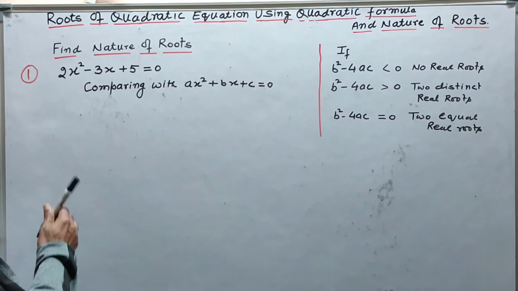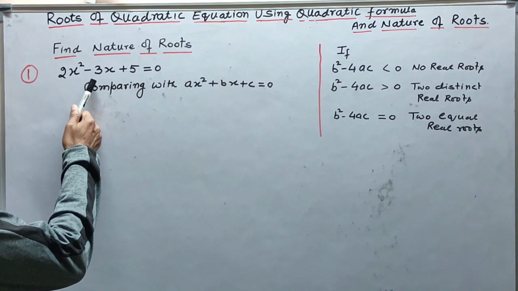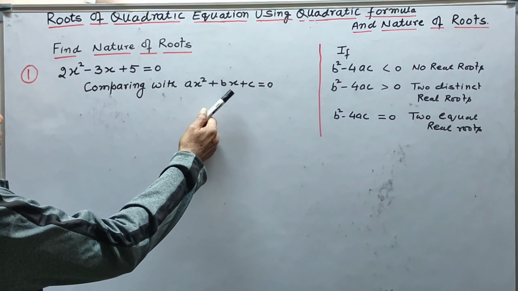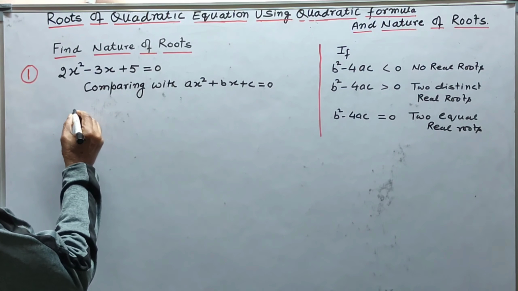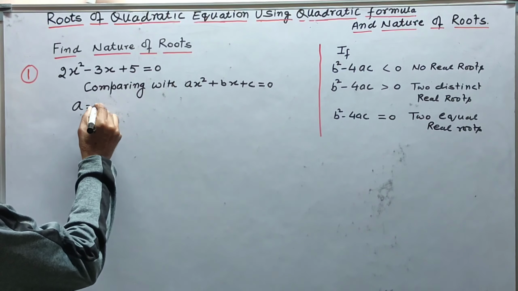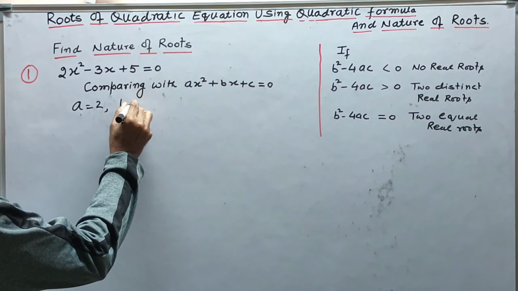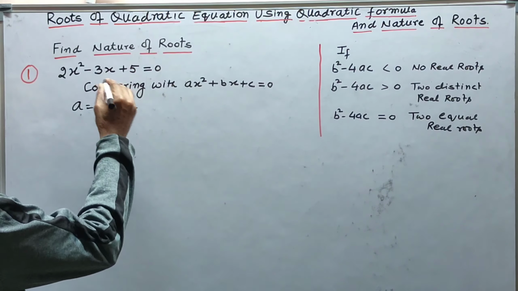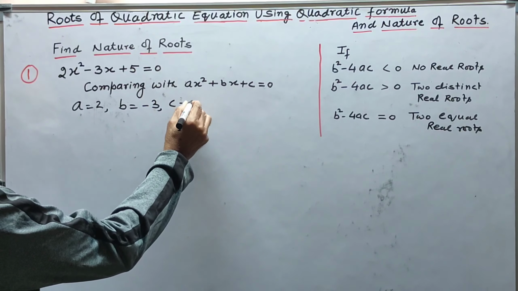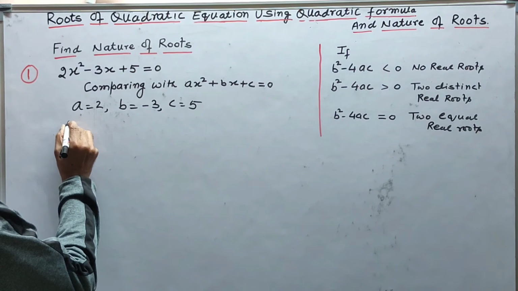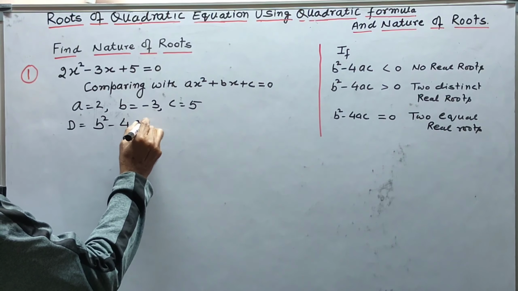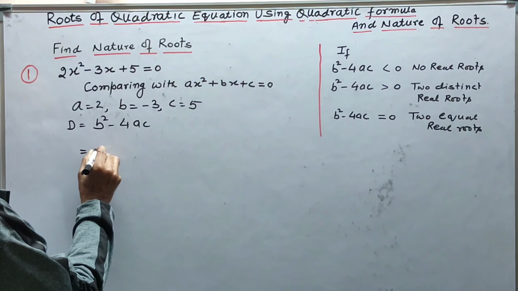this quadratic equation. The given quadratic equation is 2x square minus 3x plus 5 equal to 0, comparing with ax square plus bx plus c equal to 0. A equal to coefficient of x square, which is 2. B equal to coefficient of x, which is minus 3, and c equal to constant term, which is 5. Now discriminant d equal to b square minus 4ac. What is b? Minus 3.